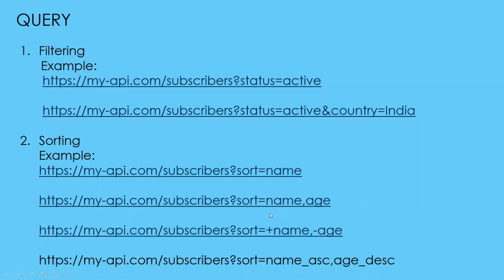If you find plus and minus symbols a bit confusing, you can also try out ASC and DSC. So use an underscore and append it with ASC for ascending order, and for descending order append with underscore DSC. So that is how you can do sorting when querying the API.